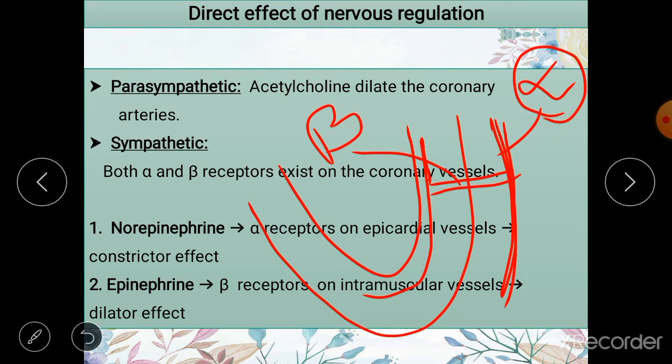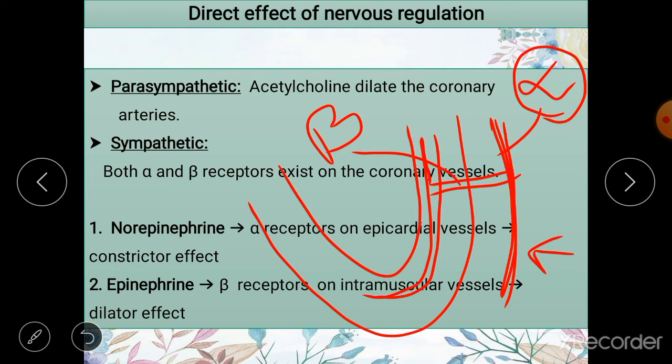So whenever there is sympathetic activation, the epicardial vessels are going to be constricted, so their blood can be pushed into the intramuscular arteries and into the subendocardial plexus, which will be dilated because of the epinephrine, and when the blood comes from the epicardial vessels into the intramuscular vessels, this blood can be supplied to the deeper portions of the heart.